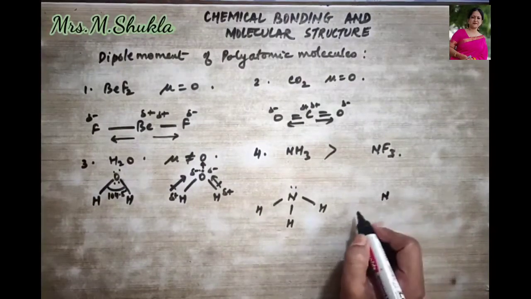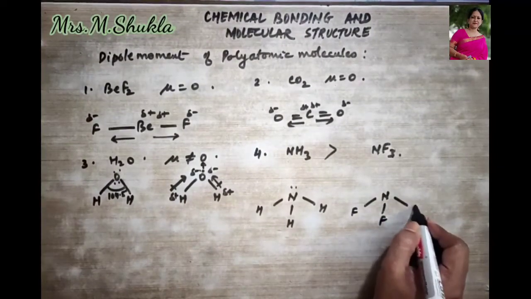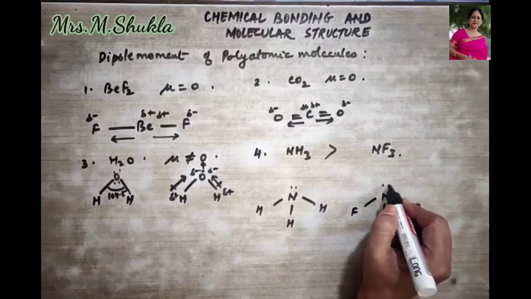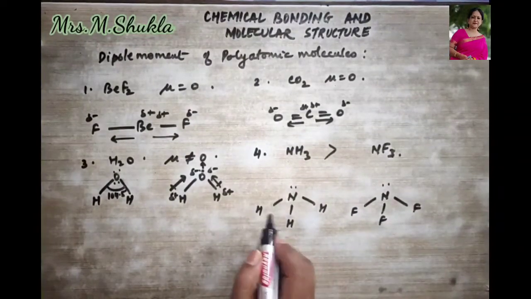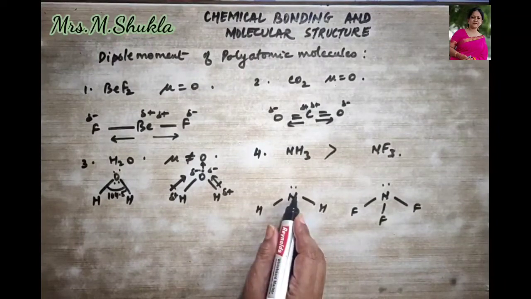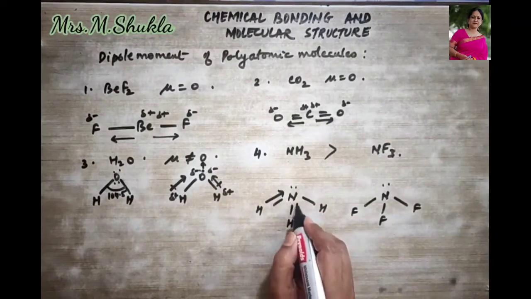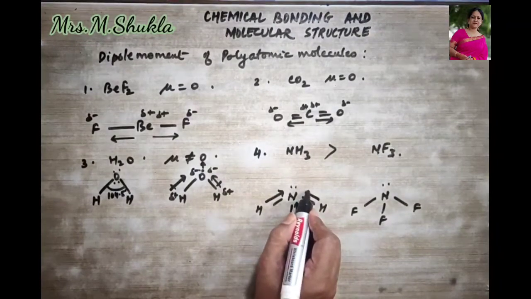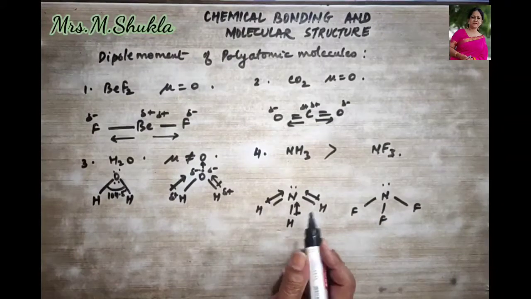N, F, F, F, and it also has a lone pair, right? Now over here, look, this hydrogen is more electropositive than nitrogen, so they all move towards nitrogen, right?